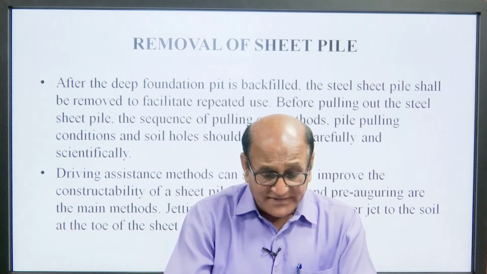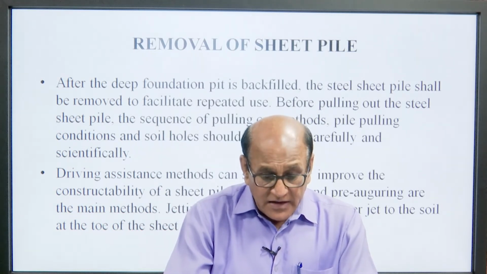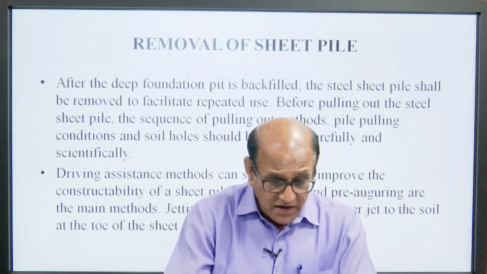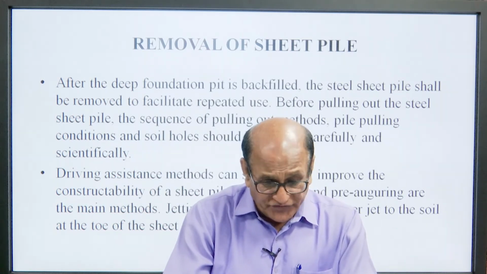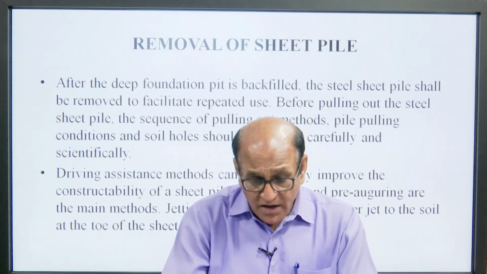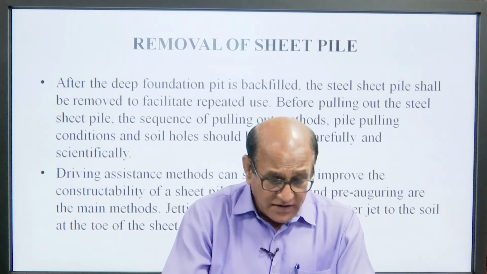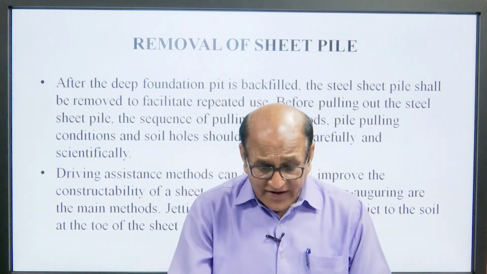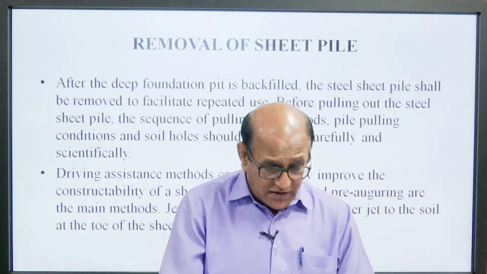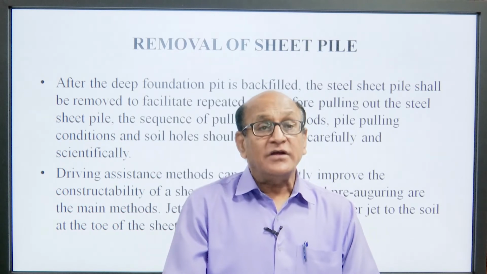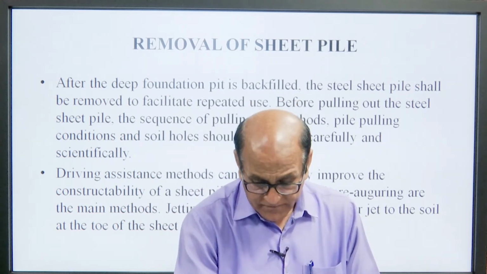Driving assistance methods can significantly improve the constructability of a sheet pile wall. Jetting and pre-augering are the main methods. Jetting involves delivering a water jet to the soil at the toe of the sheet pile, reducing the friction.